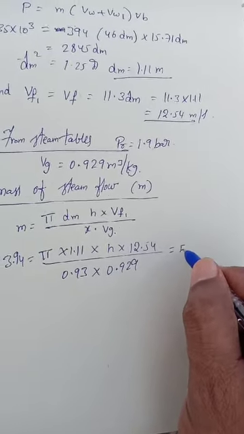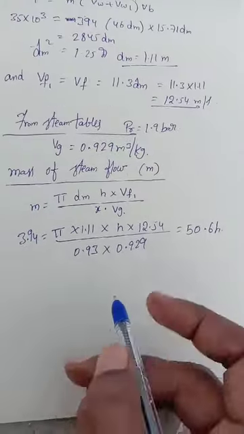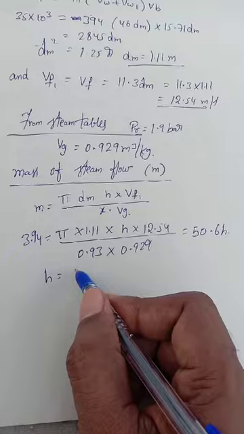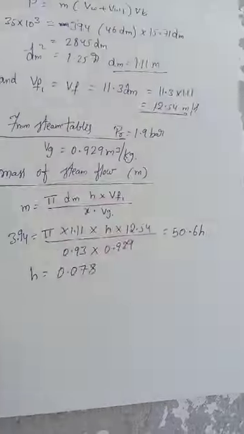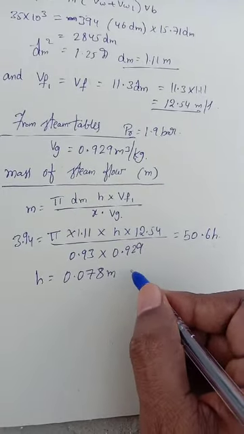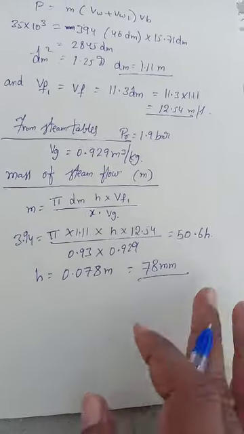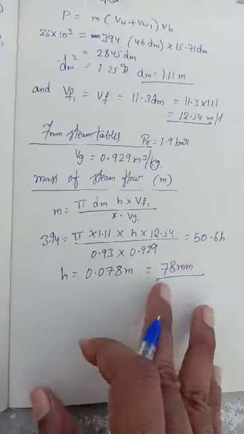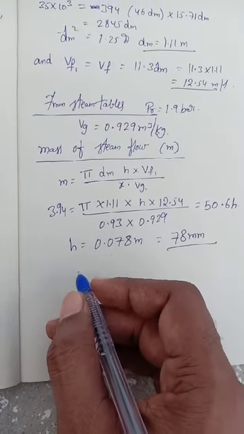So then 50.6 h. Solve this, h is equal to 0.078 meters, that is 78 mm. This is the procedure to find the height of the blade.